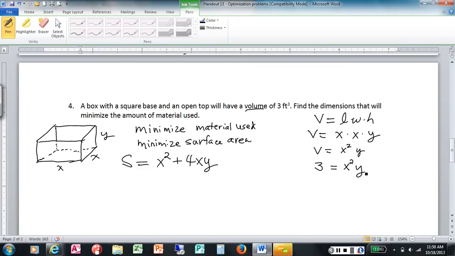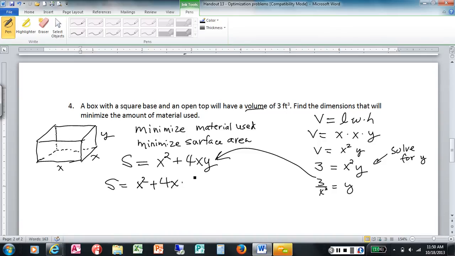So what do I want to do with that? I want to solve this one for y. And I can plug that in for y in the other one. So I have S equals x squared plus 4x times 3 divided by x squared, now that I know y.